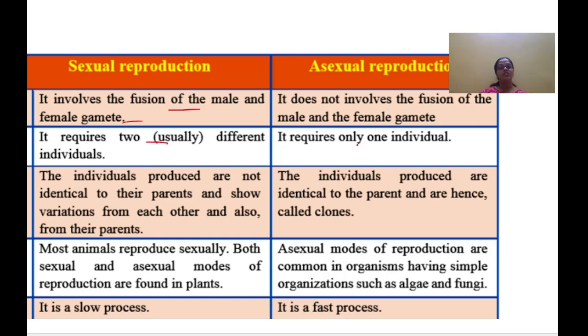In asexual, only one individual is involved. In sexual reproduction, there are chances of variation, so the offspring may look different from the parents, but in asexual reproduction, the individuals produced are exactly similar to the parent, they are clones. Sexual is a slow process while asexual is a fast process.